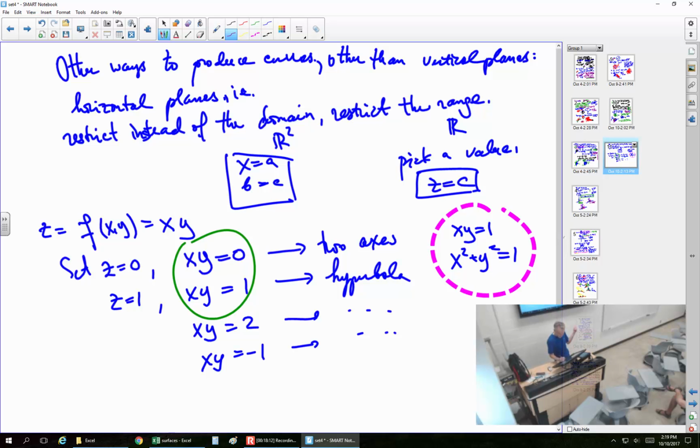Okay, so let me actually do this. If x y is equal to 1, then I could do this: y is equal to 1 over x. What's the difference? What did I do? You made y depend on x. Right, so I turned a relation where x and y are equal, where x does not depend on y and y does not depend on x, into a function.